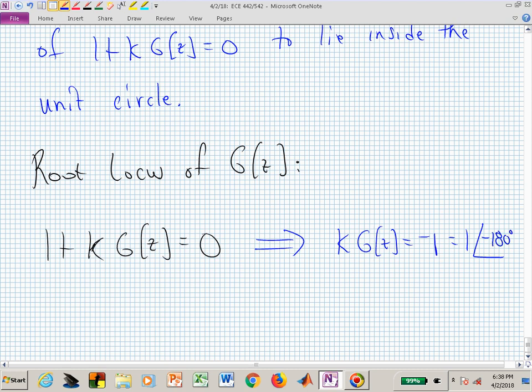And that's how we'll play. So now all the points in the z-plane such that g of z has an angle of minus 180, those live on the root locus. And we sure hope that two of those branches of the root locus are inside the unit circle simultaneously. Then we find the k that allows that to happen.